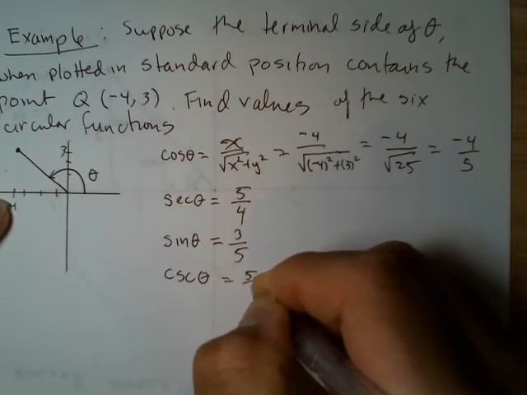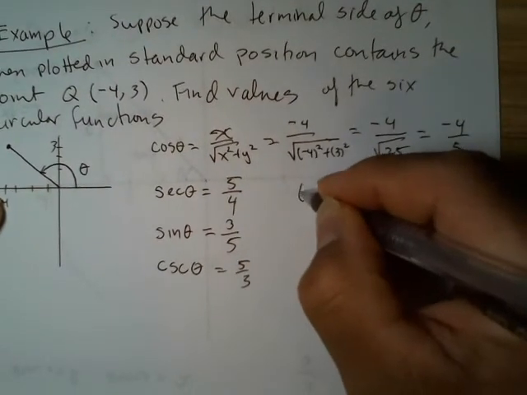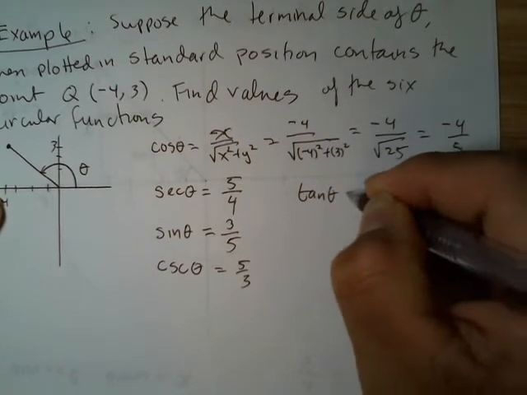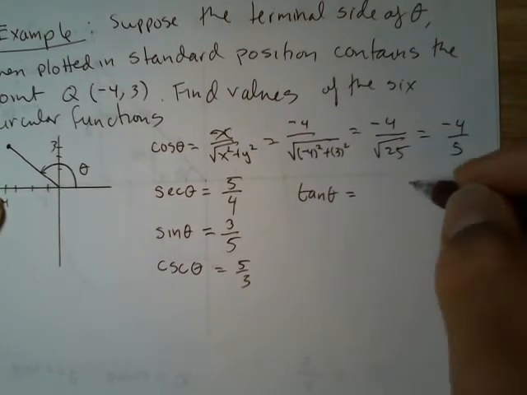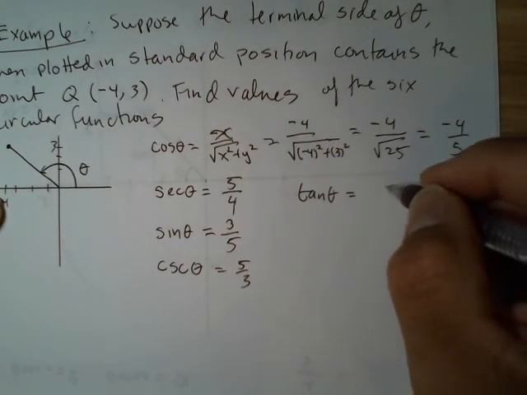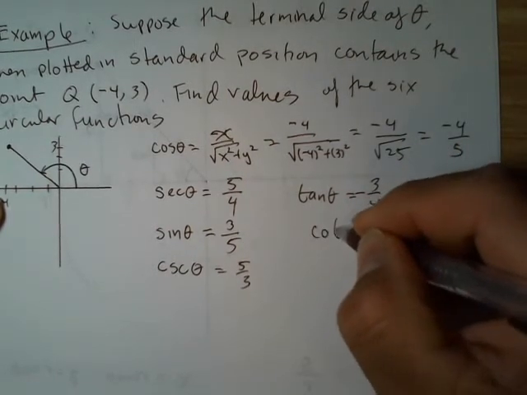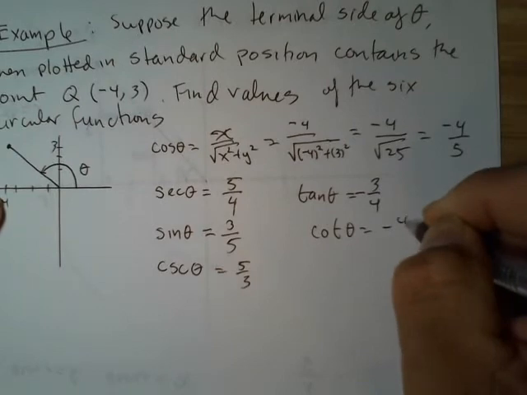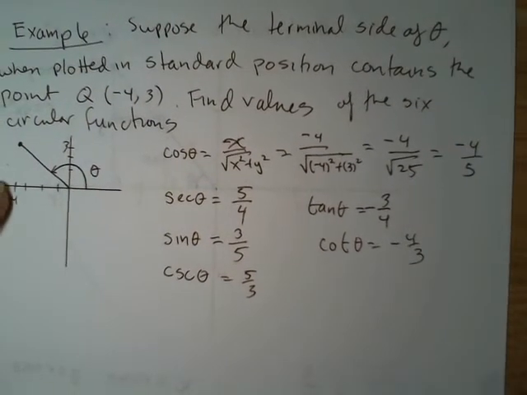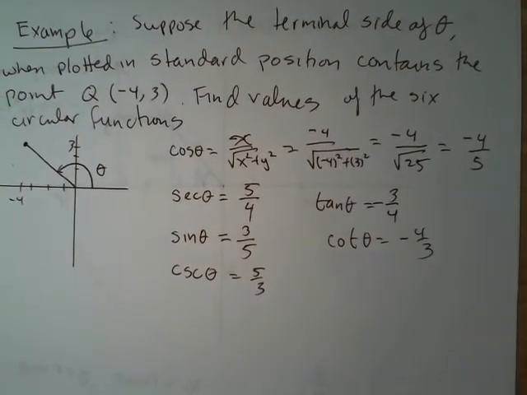That's 5/3, and we also have tangent theta, so that is y over x, so -3/4, and then cotangent theta is -4/3. Okay, once we did that first calculation, the rest was just substituting in the values for x and y. We just need to find r essentially.